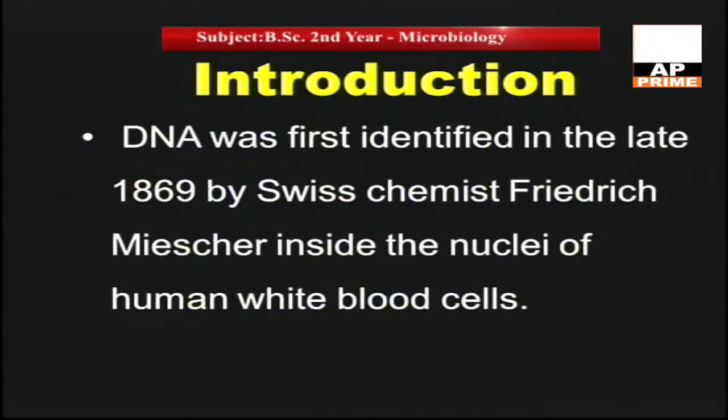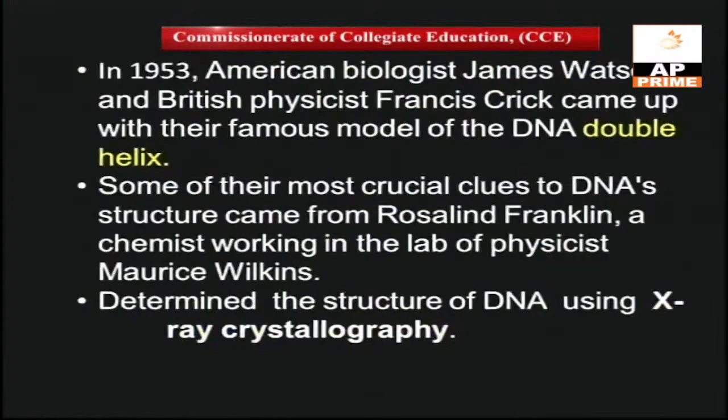DNA or deoxyribonucleic acid was first identified by a Swiss chemist Friedrich Miescher in 1869 in the nuclei of human white blood cells. It was in about 1953 that James Watson, Francis Crick, Maurice Wilkins and Rosalind Franklin, using a powerful technique called X-ray crystallography, figured out DNA as a double helical structure.